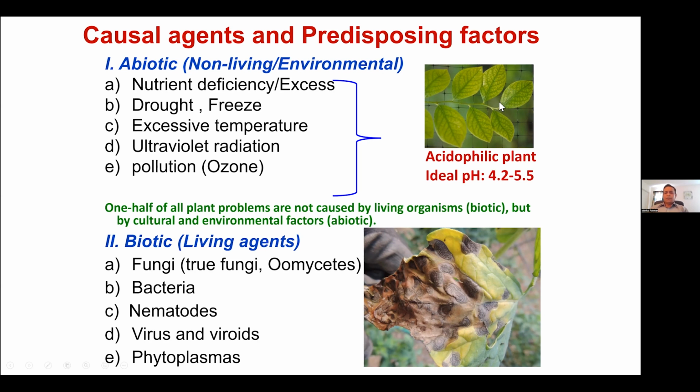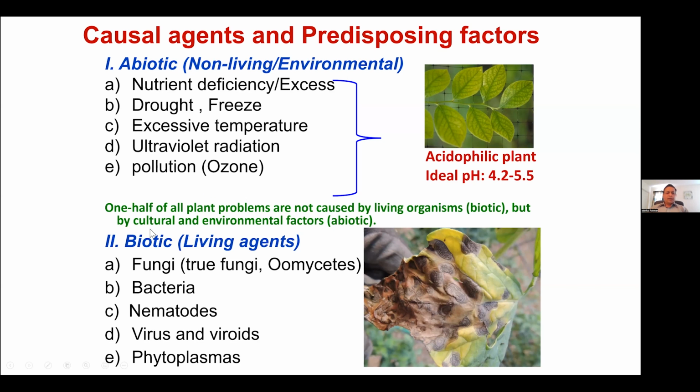So if you see something wrong with your blueberries, and you can see what is called interveinal chlorosis, it is not necessarily a biotic disease, or caused by fungal pathogens or bacterial pathogens or virus. It can be caused just by soil pH not being right for growing blueberries, okay? 4.2 to 5.5 is optimum. So just to make sure that you know that 50% of all plant problems are caused by abiotic or environmental factors rather than biotic agents.